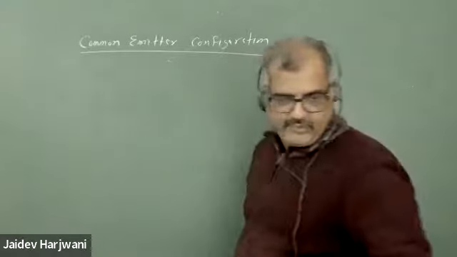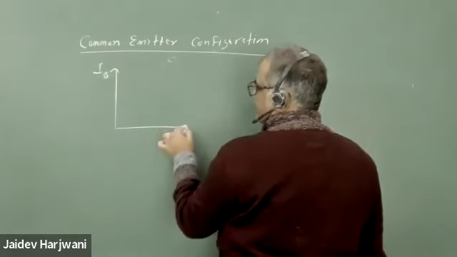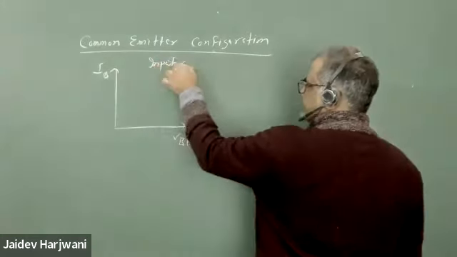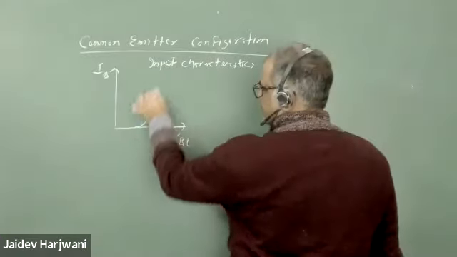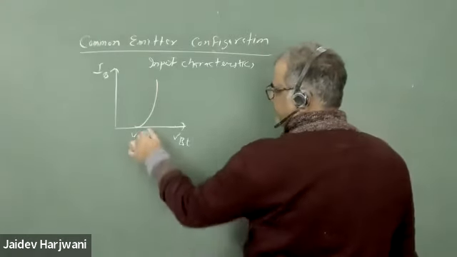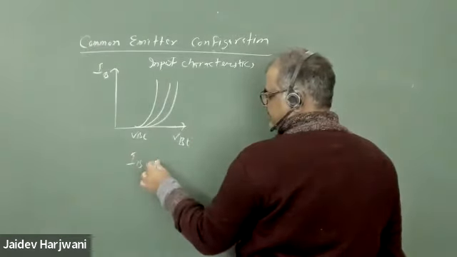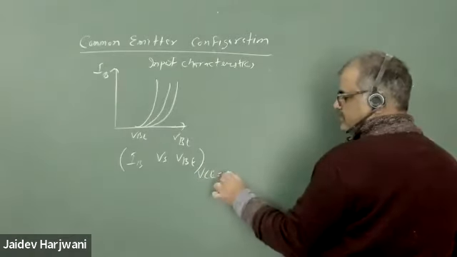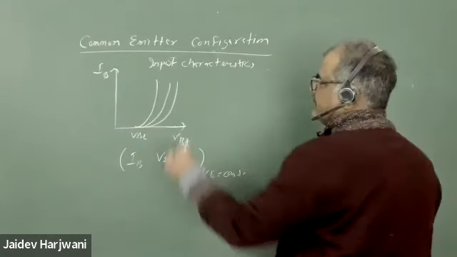Input characteristics are the same: you have IB and VBE, and VBE will be almost 0.7 V. Input characteristics means IB versus VBE, keeping VCE constant.